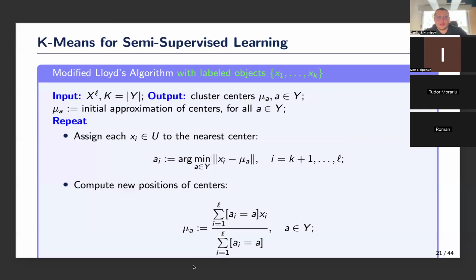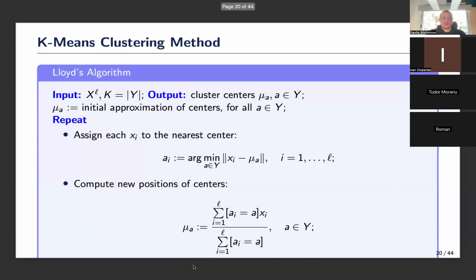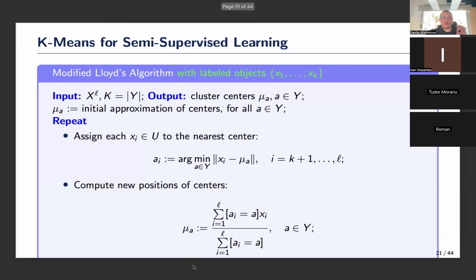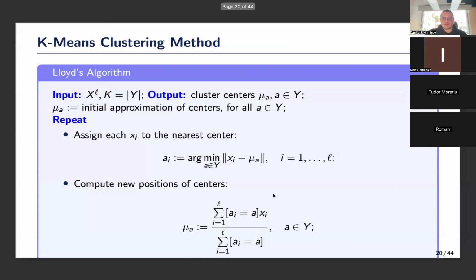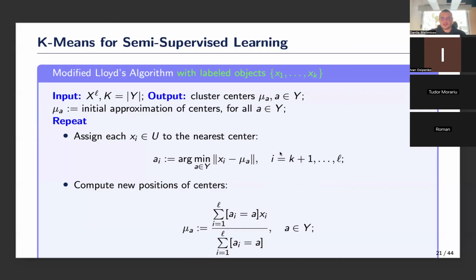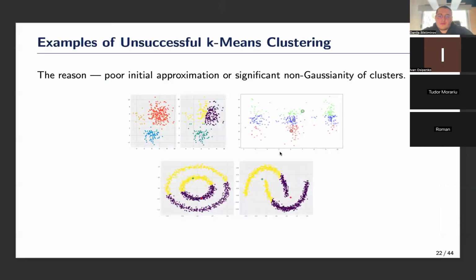For semi-supervised learning, we have labeled data only for our evaluation, and the difference between k-means for unsupervised and k-means for semi-supervised learning is just that here we take all the centers, but here we need to take only our unlabeled centers, because for labeled ones, we know which labels they have.